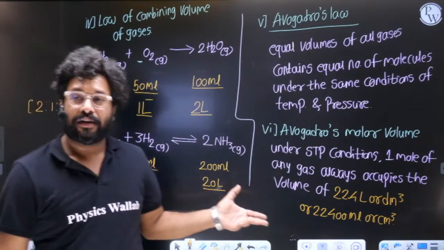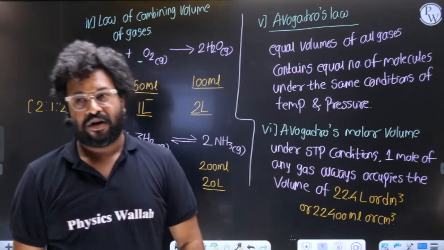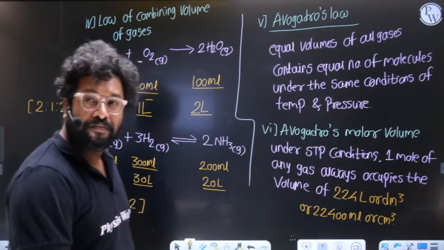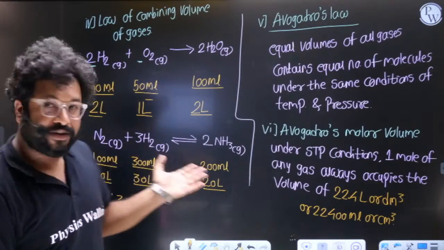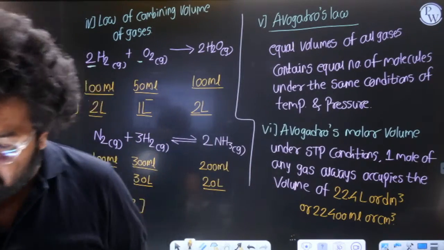That is what Avogadro's molar volume is all about. Okay, cool. So I hope this must have been clear with you, and we are good to go to the questions based on this topic.